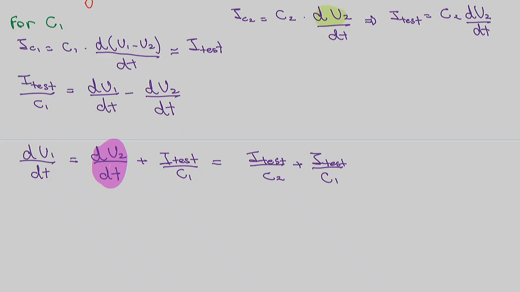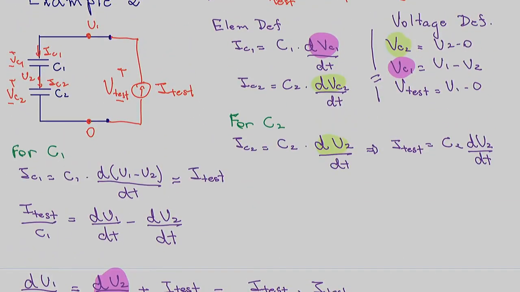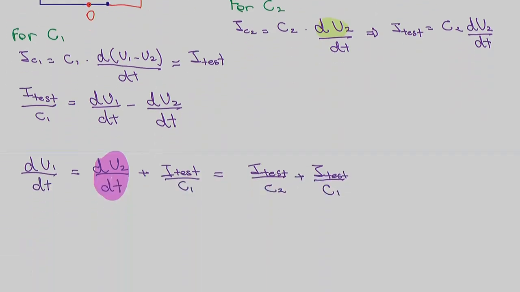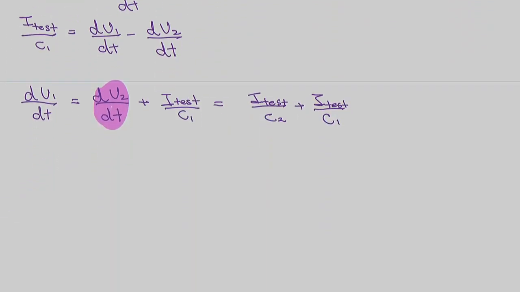Now that we know that U1 is equal to VTest, we can write this first term here that I put separately for a reason, because I wanted to find VTest. We can write this as dVTest dt.